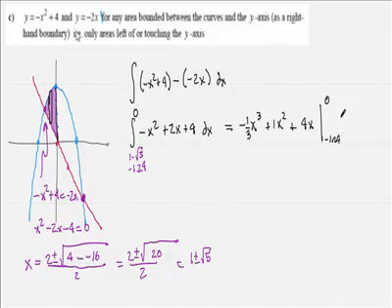And now we take these numbers and plug them in to the antiderivative. So lots of careful arithmetic here. Minus 1/3 0 cubed plus 1 times 0 squared. Am I spending too much time on plugging in zeros? Yes, I am. We know what's going to happen there.